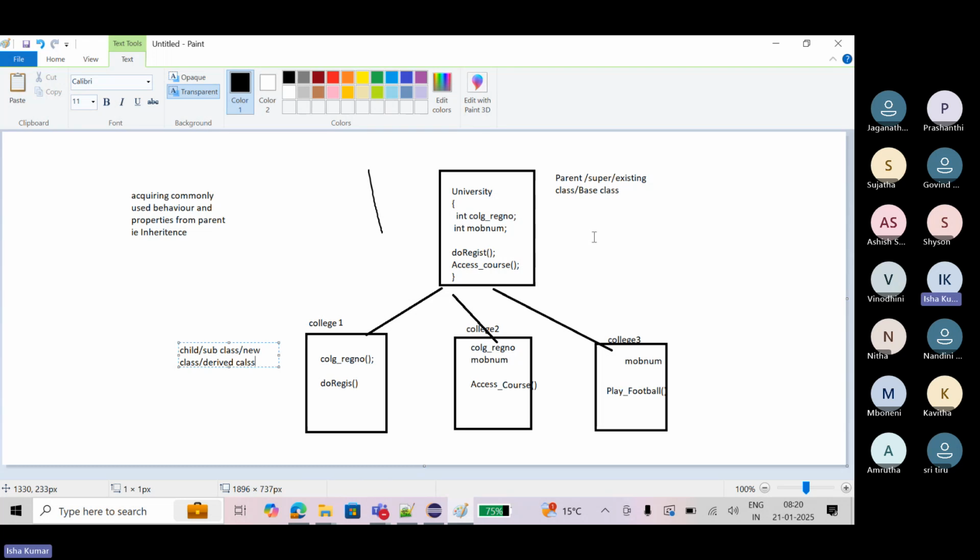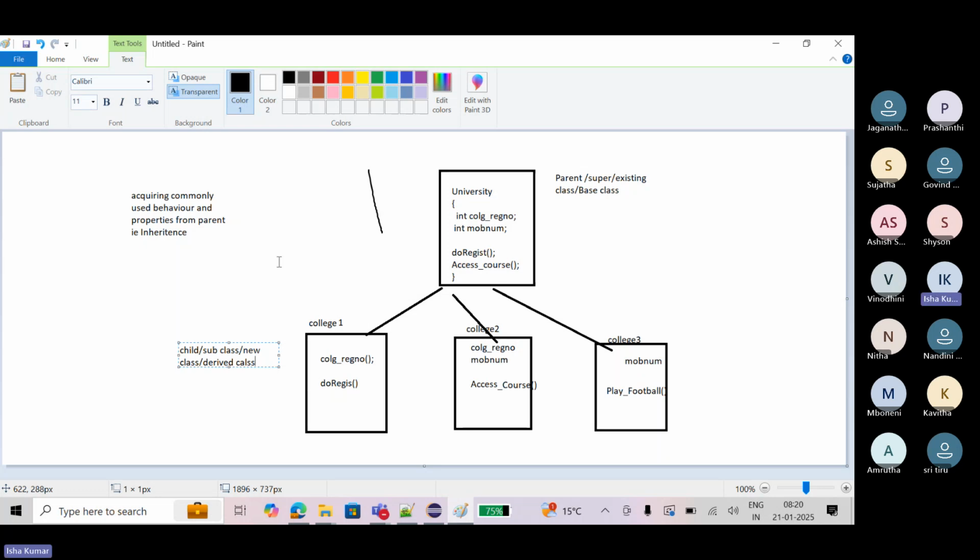That is true. See, my son can access my properties and behavior, right? But I cannot access his properties and behavior. This line is correct or not? Can a child become a father?